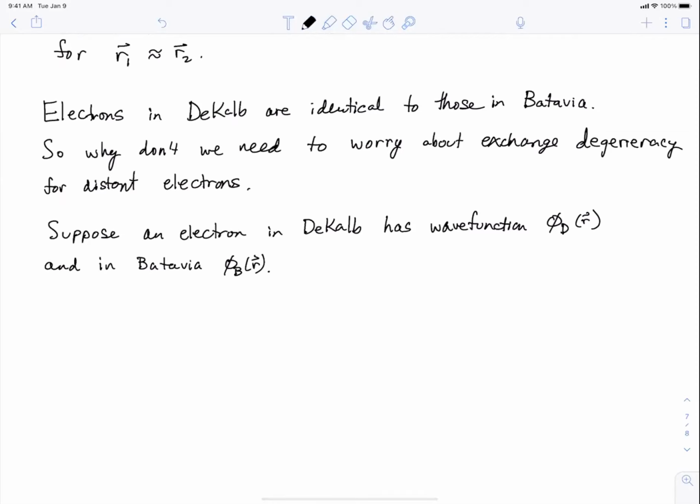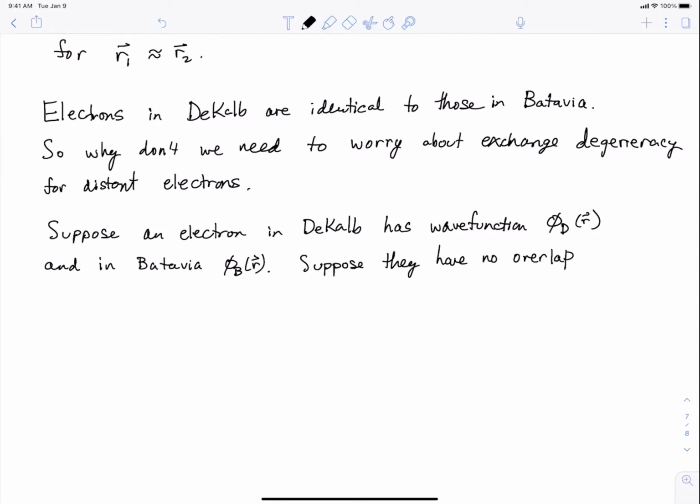Okay, so the key thing is that we're going to suppose that they have no overlap, or that their overlap is very small. Now, one way this could happen, of course, is because they might have nuclei. And so when you find the unperturbed states, one of them is near a proton in DeKalb and the other one's near a proton in Batavia, but we don't have to worry about whether that's the reason or there's some other reason.